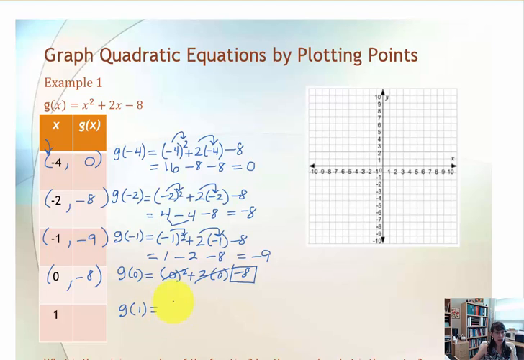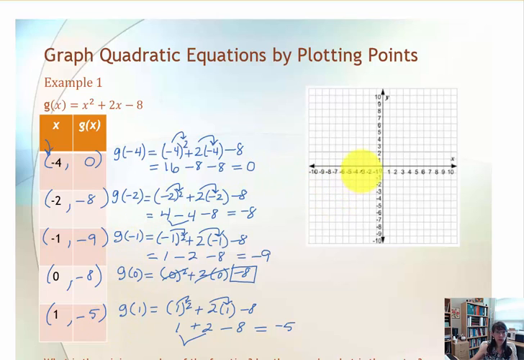So g of 1 would be the quantity of 1 squared plus 2 times 1 minus 8. 1 squared is 1. 2 times 1 means we're adding 2, and then subtract 8. So it looks like 3 take away 8 makes -5. Our last ordered pair is 1, -5.